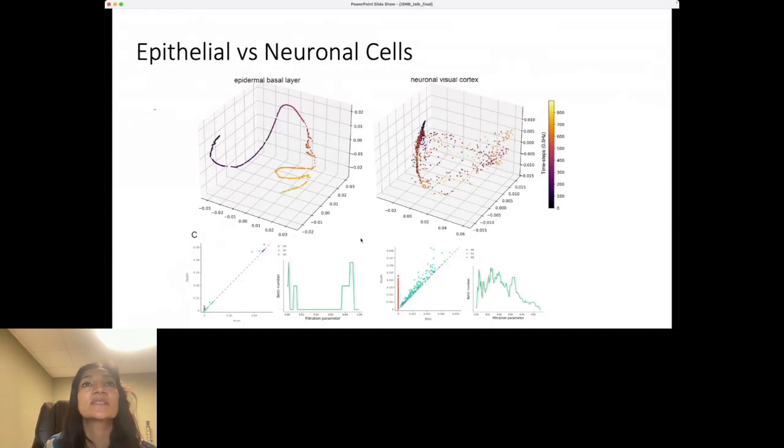Something interesting to note is that if you studied calcium dynamics in the visual cortex of a neuron, it does not have this kind of very coordinated, smooth, sweeping pattern. It's much more scattered, and the subsequent activations can jump.